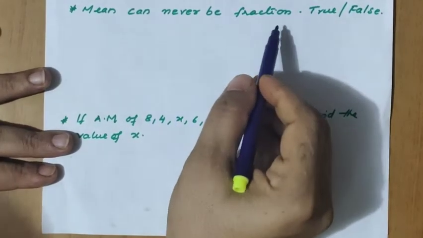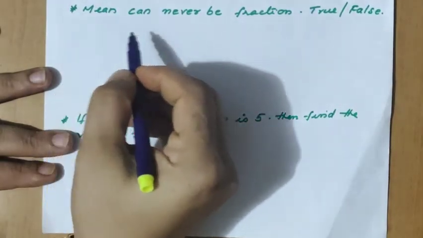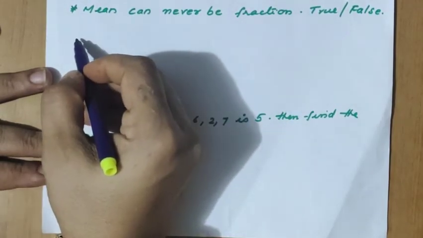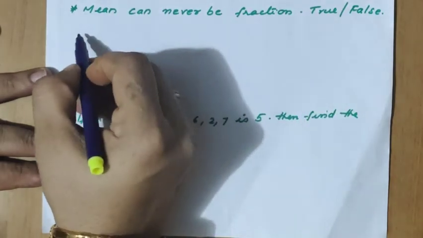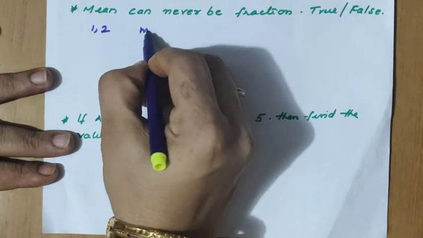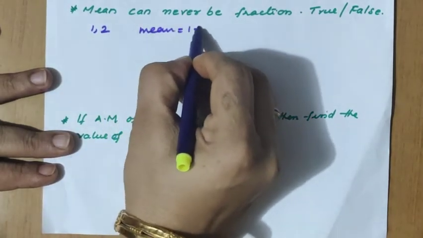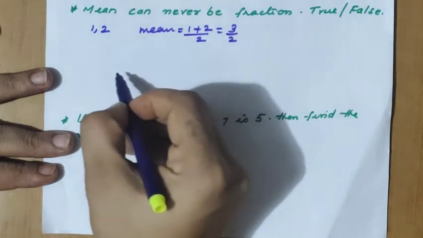Mean can never be a fraction. True or false is the question. Mean can never be a fraction, it's false only, because mean can be a fraction, sometimes it's a whole number also. For example, if we are taking just the numbers 1 and 2, what is the mean of this? Mean equal to 1 plus 2 divided by 2, that is 3 by 2. It's a fraction we are getting.